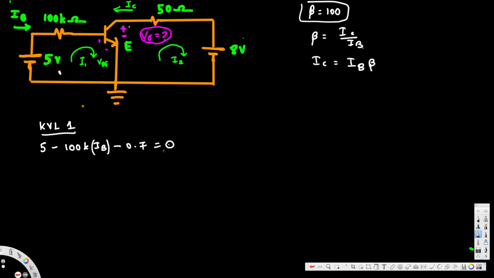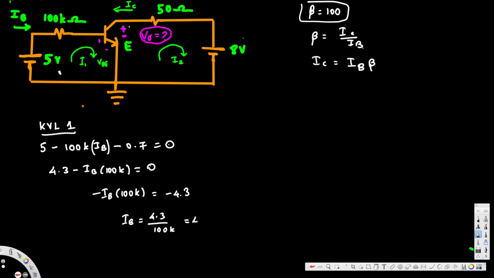The whole thing should be equal to 0. 5 minus 0.7, that's 4.3, minus IB times 100k equals 0, so IB times 100k is equal to 4.3. IB is equal to 4.3 divided by 100k, that's equal to 43 microampere.